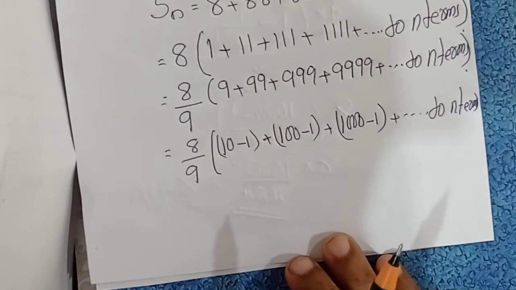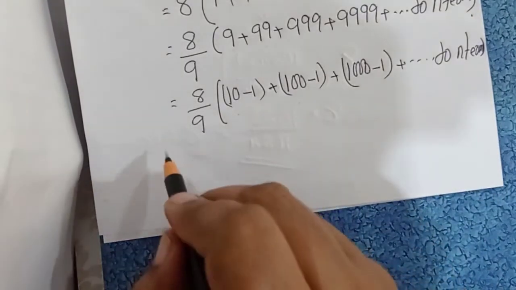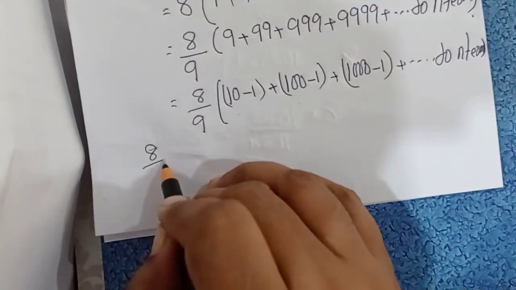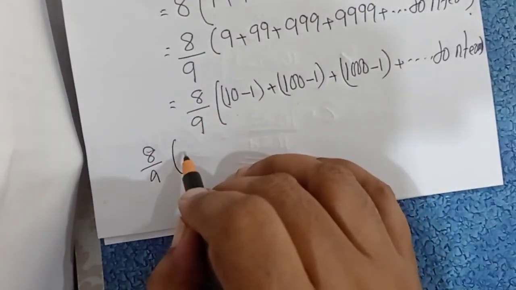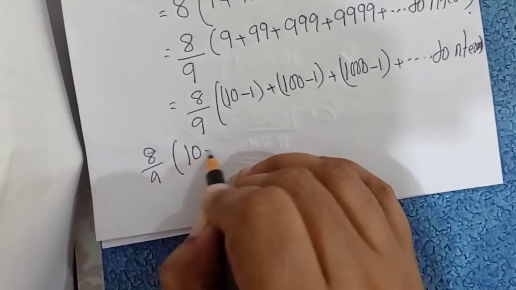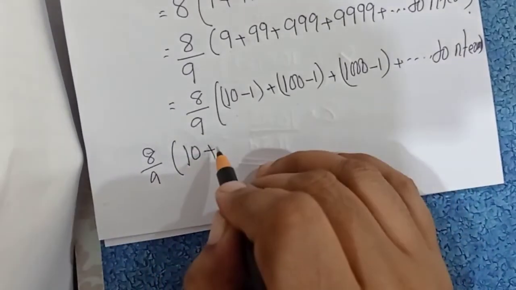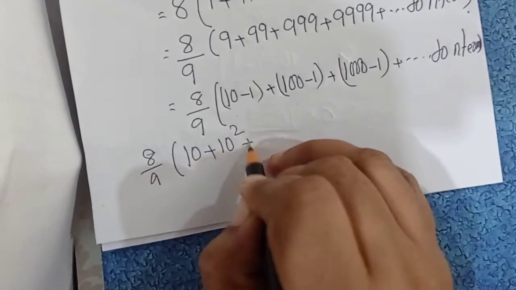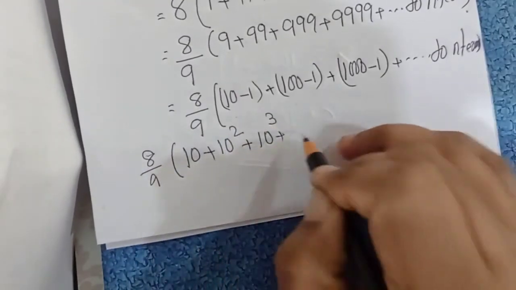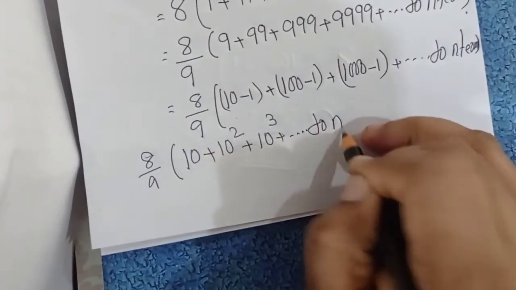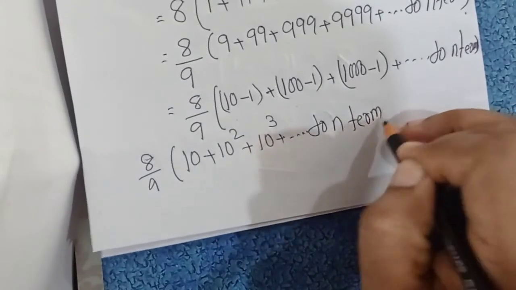Now we can write this as 8 by 9 into, all of you look at the board, 10 plus 100, we can write 10 square plus 10 cube plus etc. to n terms, one part.